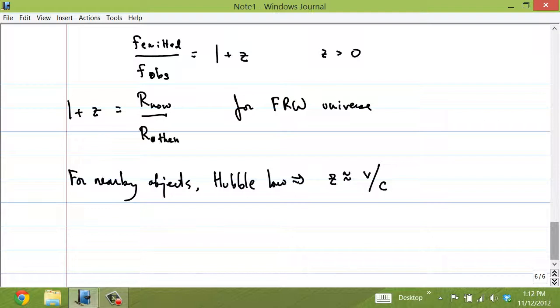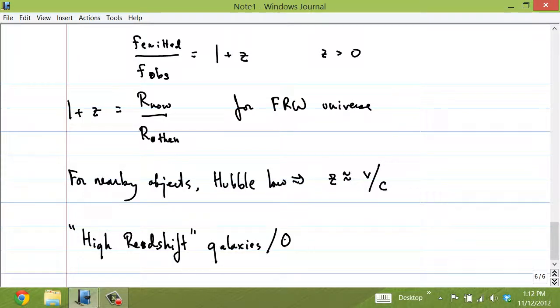So when we talk about objects that we see in the night sky, very distant objects, such as galaxies and quasars, are typically referred to as high redshift, very, very far away, if z is greater than or equal to about 0.1.